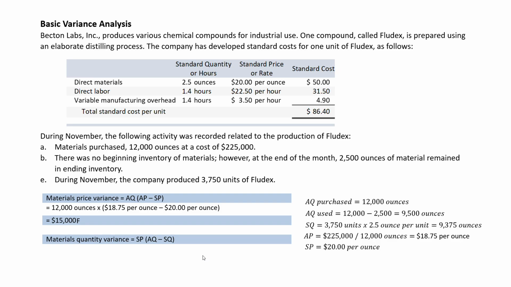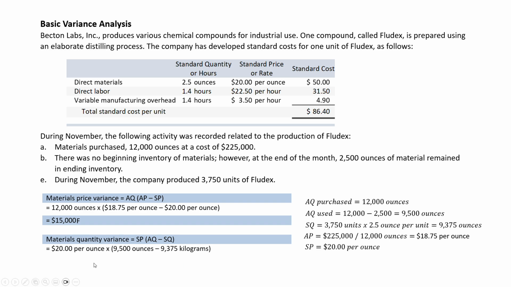To get that, we're going to take the total number of Fluidexes that were produced, hopefully I'm pronouncing that item right, 3,750, times the standard of what we thought we would have needed for each Fluidex, which is 2.5 ounces. 2.5 times 3,750 is 9,375 ounces.